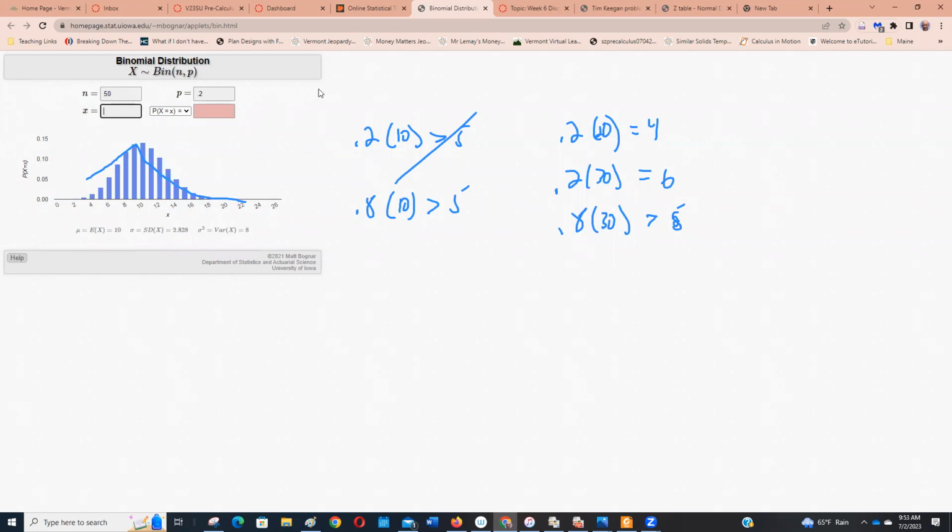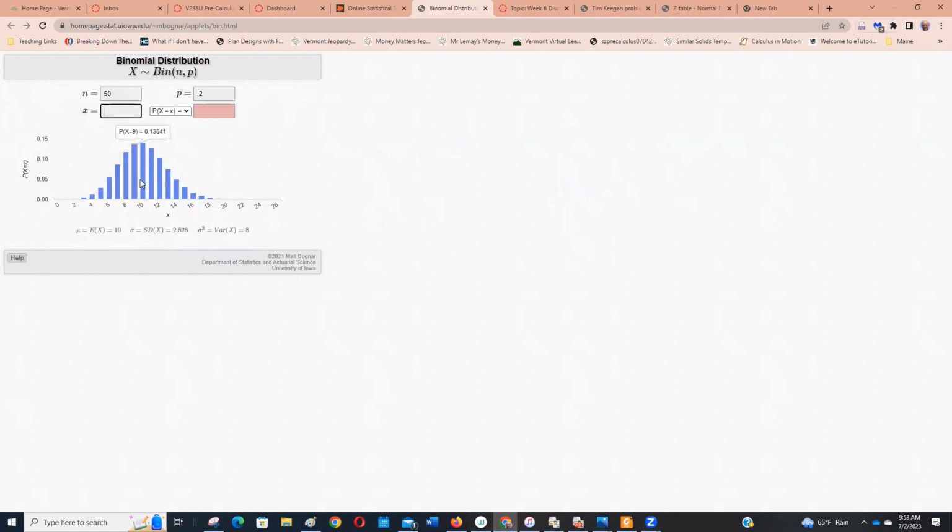Let's clear this out of here. So you see now that's looking very symmetric to me. And 20% of 50 is 10, and 80% of 50 is 40, bigger than 10. So that's why MyOpenMath is having us use the little bit stronger condition. Honestly, I don't think they mark it wrong if you give them stuff that'll work.